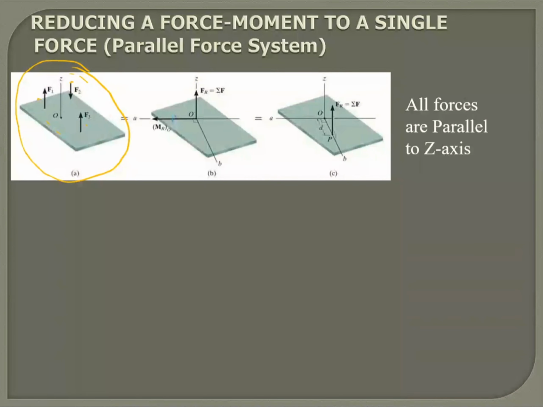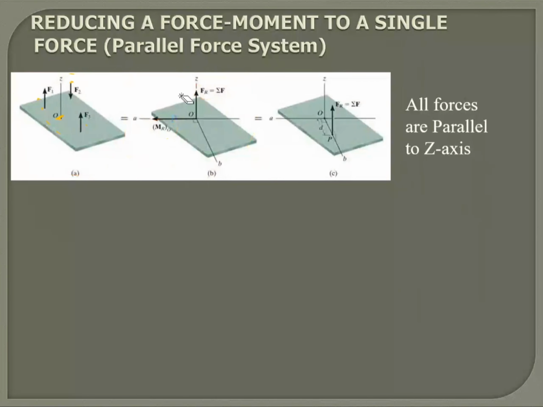Now, moment at point O, so I will see the turning effect because of this force, distance, and distance. So I can calculate the moment at point O. So in simple words, moving from this picture to this picture, you can do that easily. Sum of all the forces will give you this, and the moment at point O will give you this.